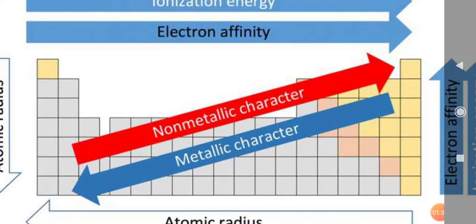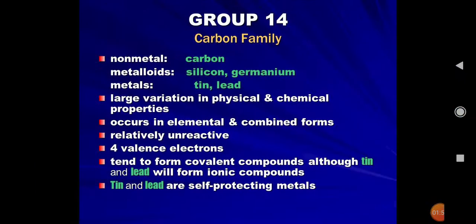When we observe the electronegativity of group 14 elements, the values are almost the same, but they are higher compared to group 13 elements, or the boron family. These are the physical properties of group 14, the carbon family.